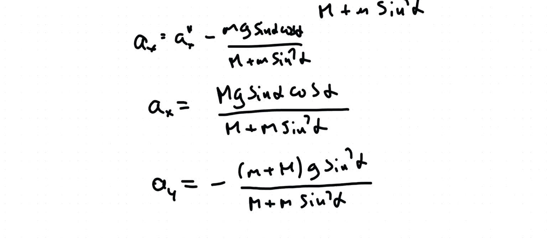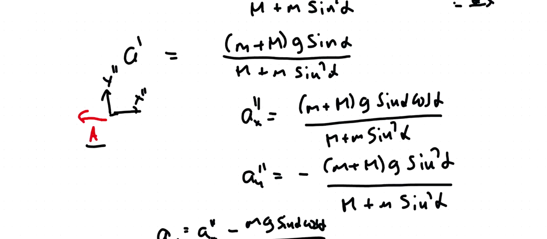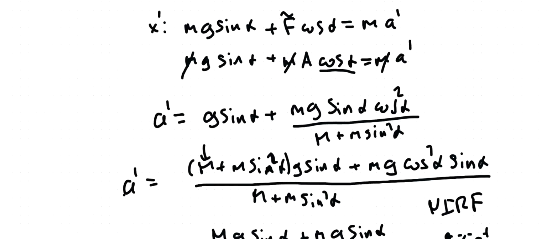So our answers to this question, the hard part of this question, are the two accelerations. One is this, and the other one is capital A, the acceleration, which I lost, but it's here.